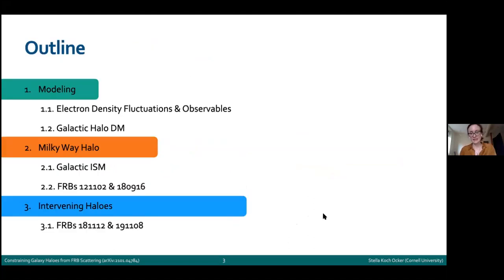And so just to give you a broad brush overview of where we're going, I'll start out by talking about how electron density fluctuations actually relate to the scattering that we observe. Then I'll talk about how we model the electron density of a galaxy halo and get an estimate of the dispersion measure. Then going on to talking about our constraints for scattering in the Milky Way halo, and then finally onto extragalactic halos.